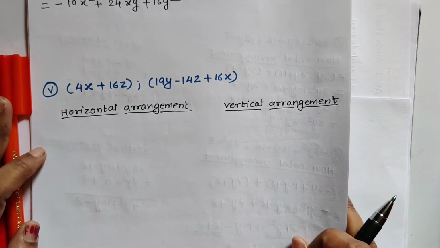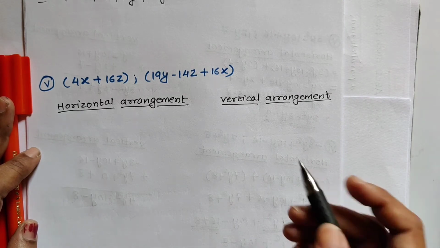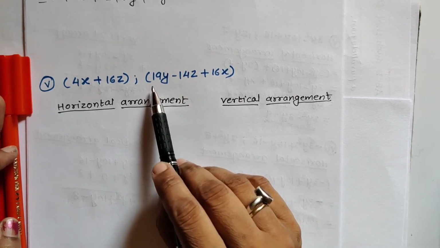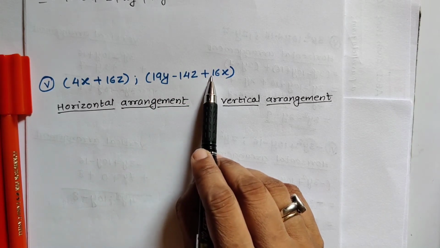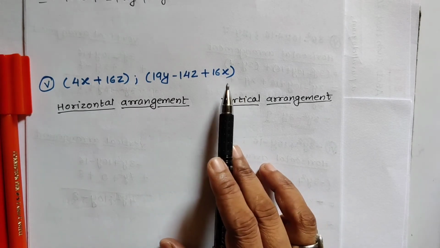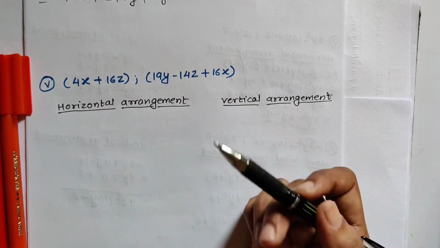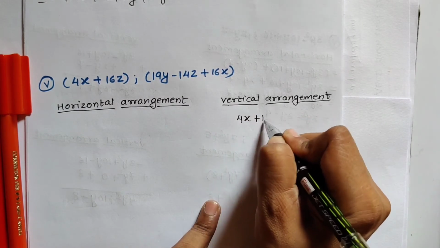Now let us see the last sum of this practice set. We write it in the vertical arrangement first. In this, if you want, you can write this second polynomial first and then first polynomial. It is up to you. Now first I am writing 4x plus 16z.